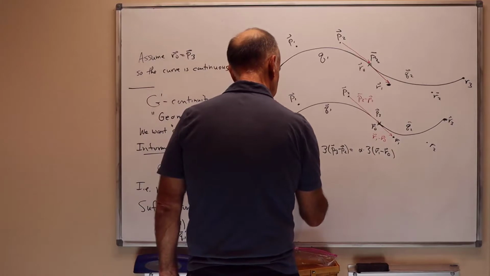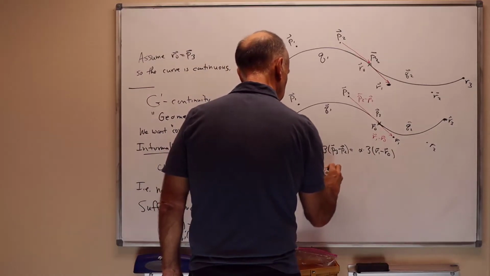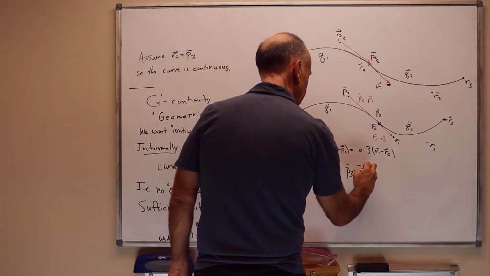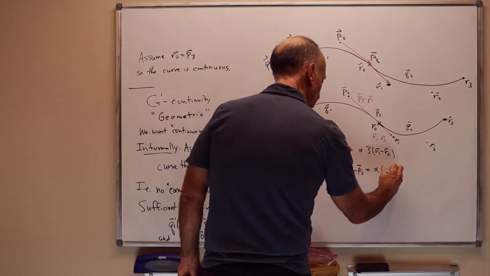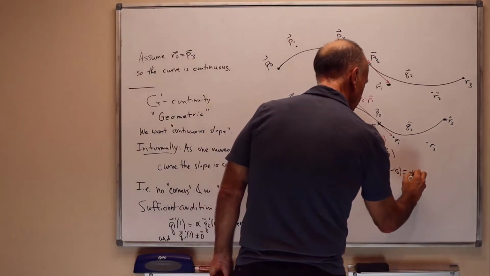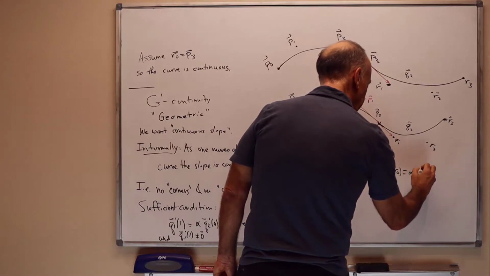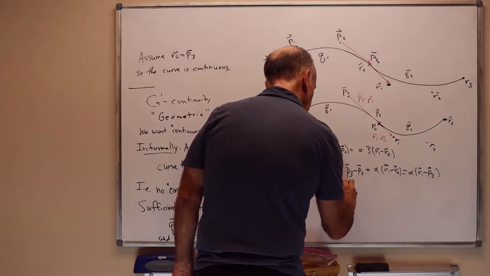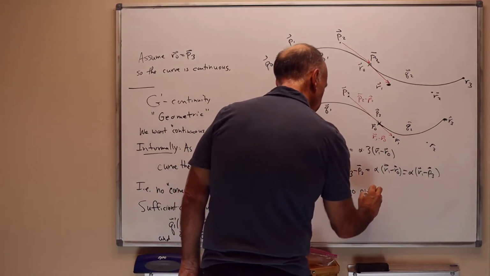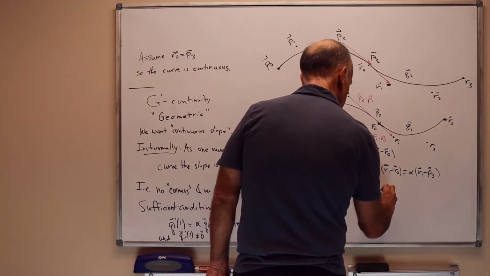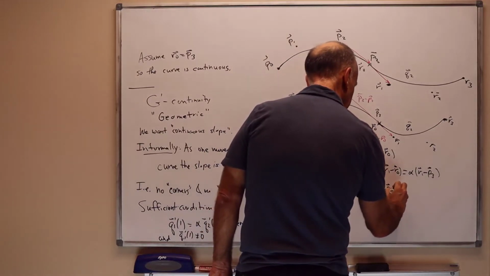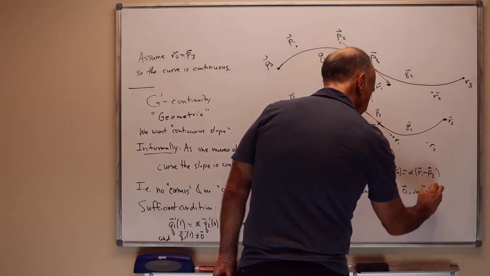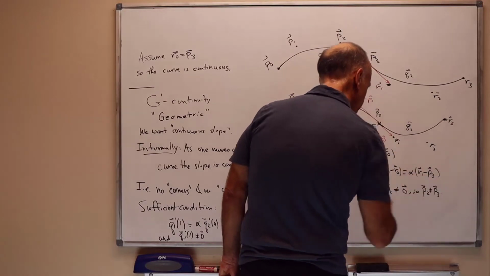That is to say, we need P3 minus P2 equals alpha times R1 minus R0, which is the same as alpha times R1 minus P3, where alpha is greater than 0 and P3 minus P2 is not equal to 0, so P2 is not equal to P3.